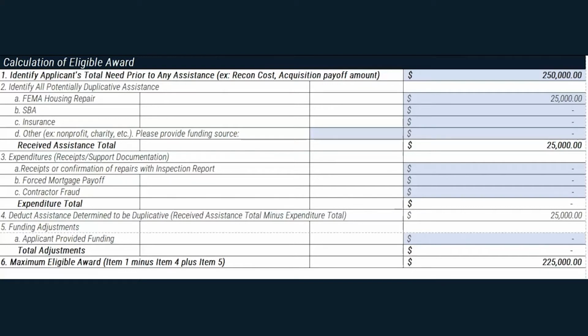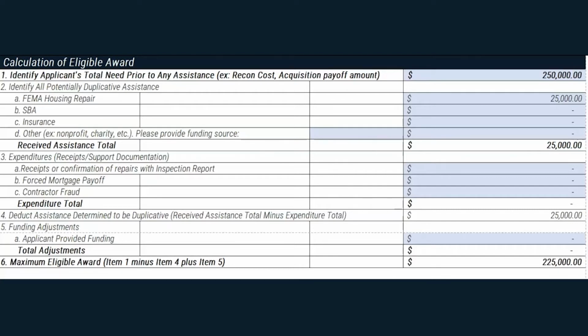In 2C, the subrecipient should input any insurance proceeds the applicant received for the property in relation to the disaster being applied for or any subsequent disasters. When a property owner has an insurance policy in place covering structural damages, the appropriate claims should be filed and funds received should be reported.